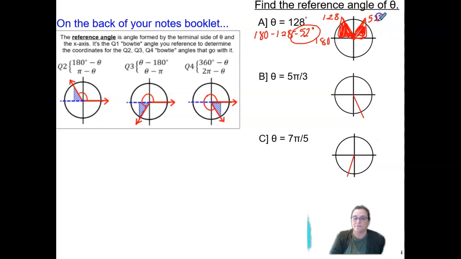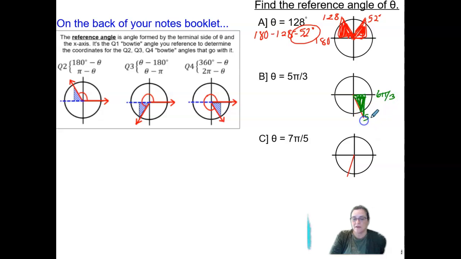So that tells me that my quadrant 1 angle that I'm referencing when I'm looking at 128 degrees is a 52-degree angle. Okay, for 5 pi over 3, that angle's terminal side is in quadrant 4. And so I go to my closest x-axis, and that angle is closest to 2 pi, which my denominator is 3, so that's 6 pi over 3.